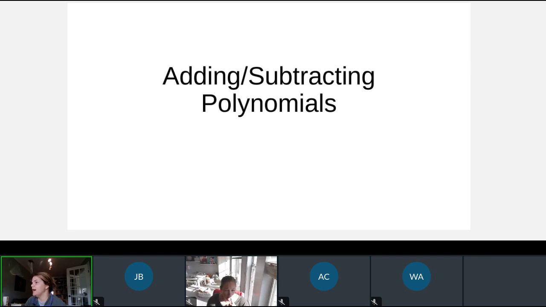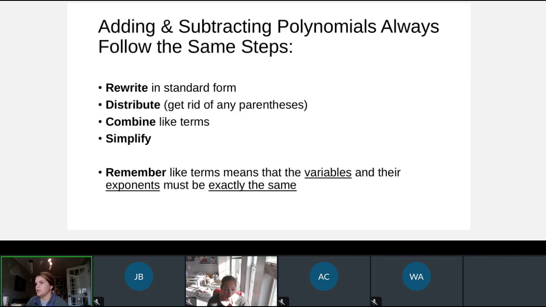All right, so let's talk about adding and subtracting polynomials. Based on your homework, your adding looked pretty good. So we're going to move quickly through adding and spend the rest of the time talking about subtracting because subtracting can be really tricky. When you add and subtract polynomials, you're always going to follow these 4 steps. Write these down. First, rewrite in standard form, so make sure your highest degree is first.